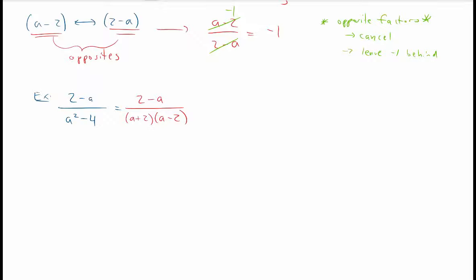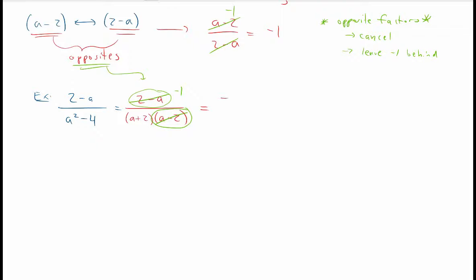And now notice, we don't have any exactly common factors, but we do have opposite factors. 2 minus a and a minus 2 are opposite factors, just like we saw right here. And so when we see opposite factors, we will cancel them, but instead of leaving +1 behind, we'll leave -1 behind.